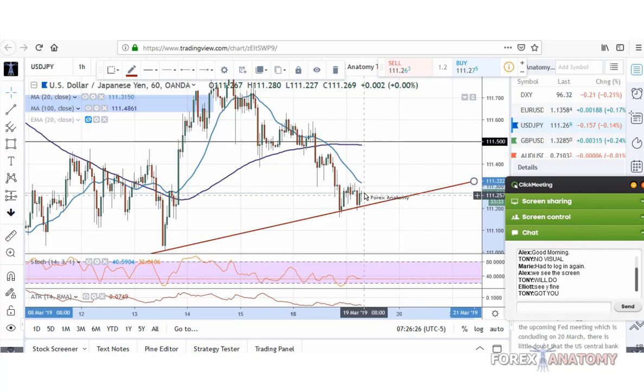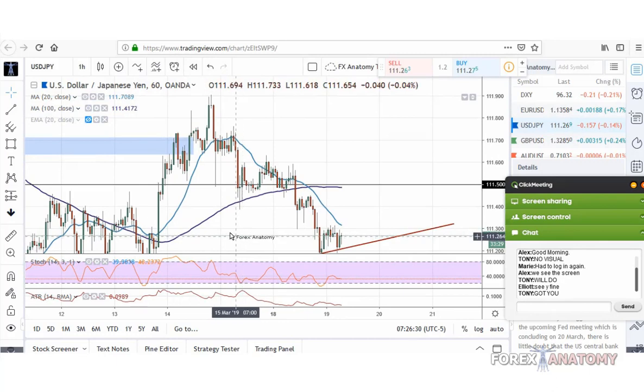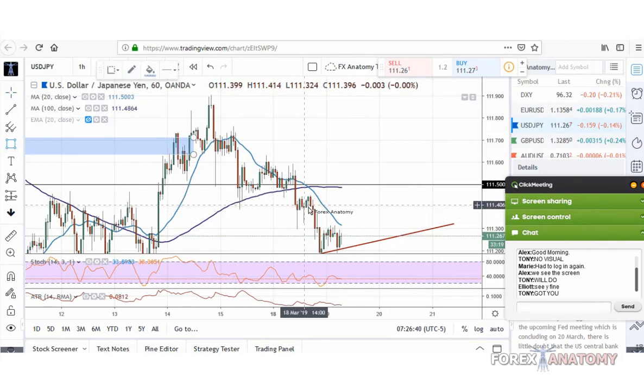We could see a bullish rotation, and we would know for certain what type of move we would get if we see a break and close above this zone right here. Let me just draw it in right now. We have this zone where price is moving in congestion, almost like a cluster box, and then we had this head and shoulders right here.